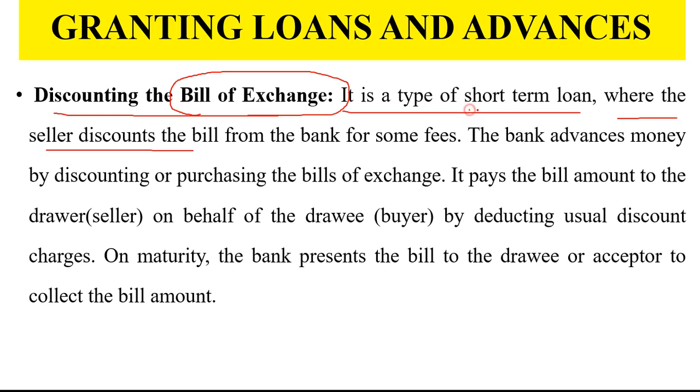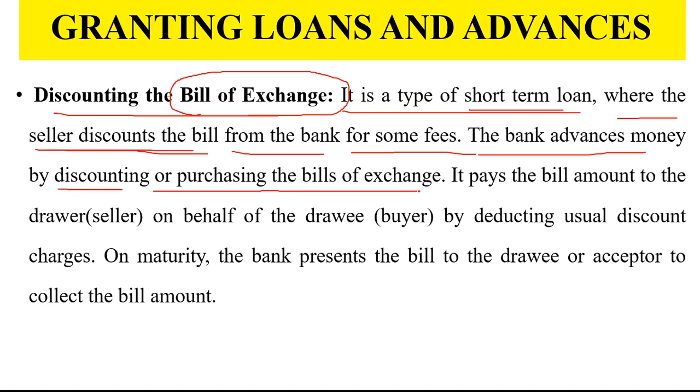So it is a short term loan where the seller discounts the bill from the bank for some fees. The bank advances money by discounting or by purchasing the bill of exchange. So when the seller is drawing the bill to the buyer, the payment which the buyer is going to give to the seller is mostly after 30 days or 90 days.